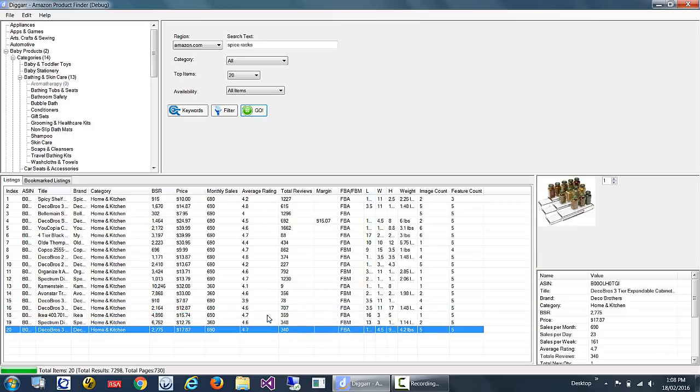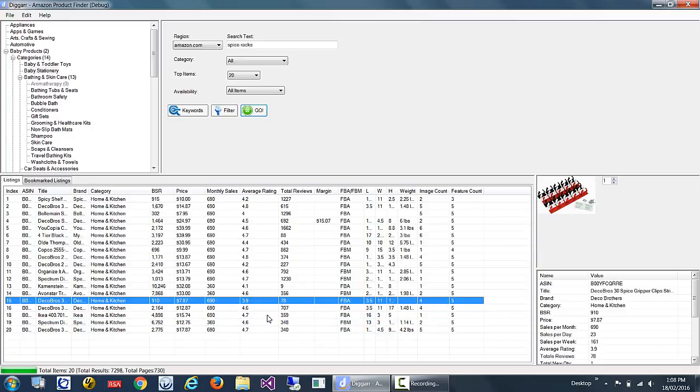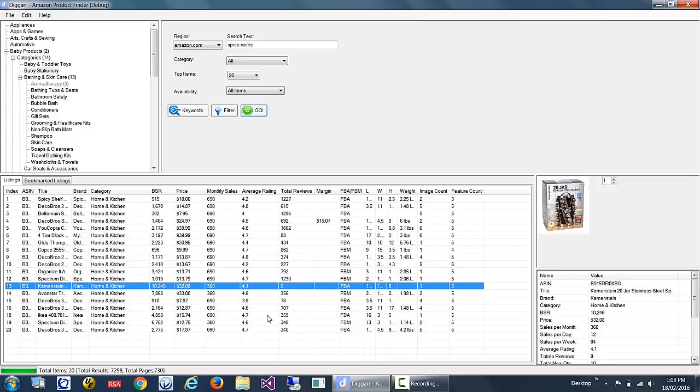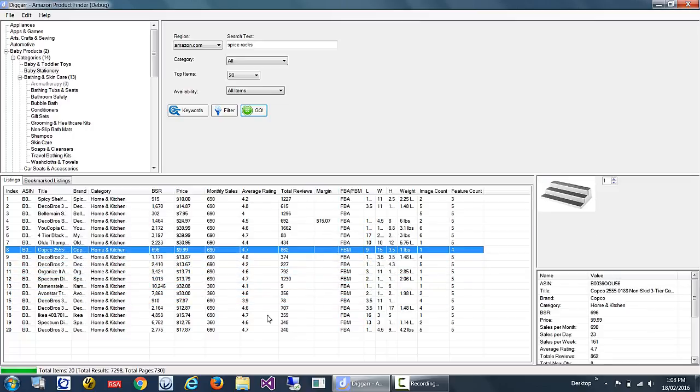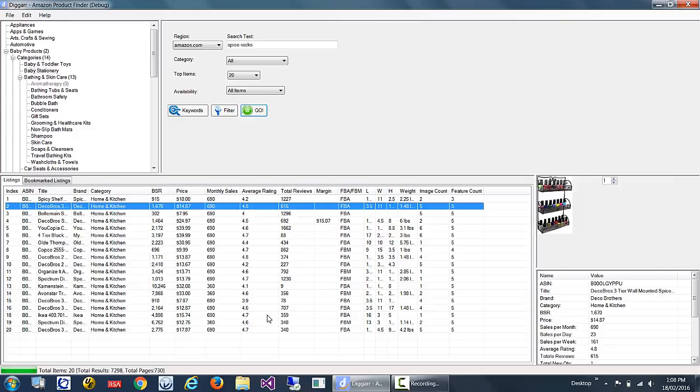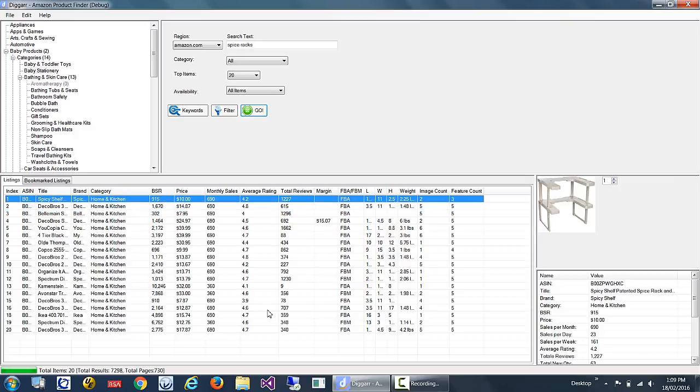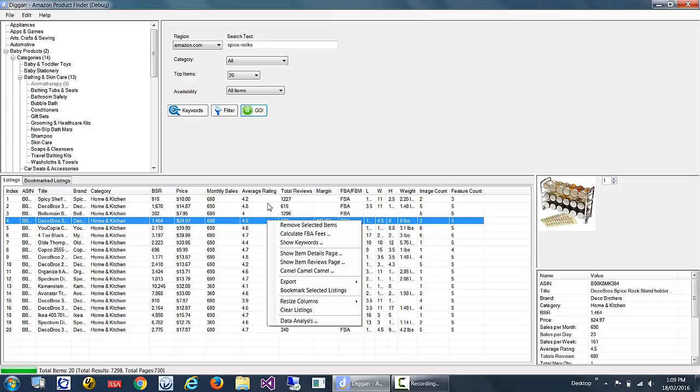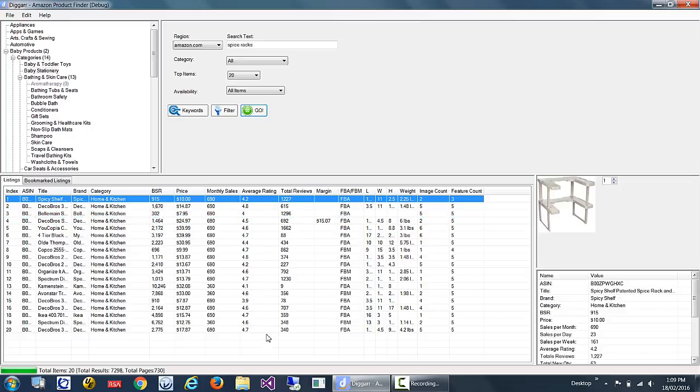I want to remove everything that is not related to spice racks, because sometimes when you do a search, it's going to show you a whole bunch of stuff which is not related. So once you remove that by right clicking and choosing remove, you're going to end up with a set of results.